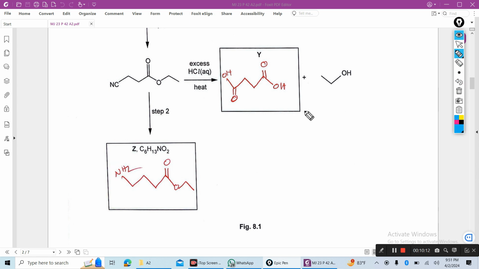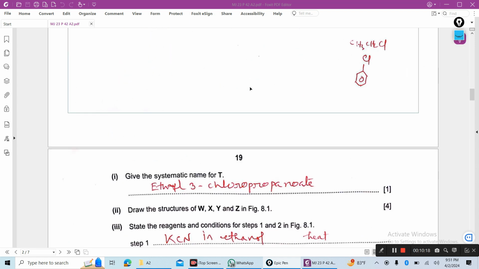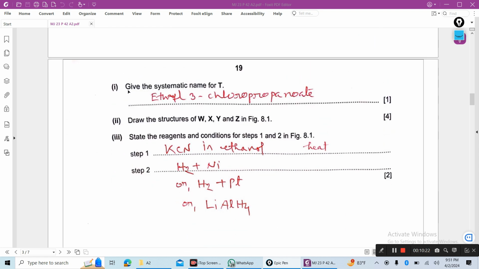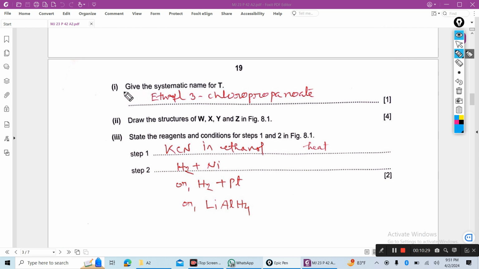Then next, give the systematic name for T. Ethyl 3-chloropropanoate.